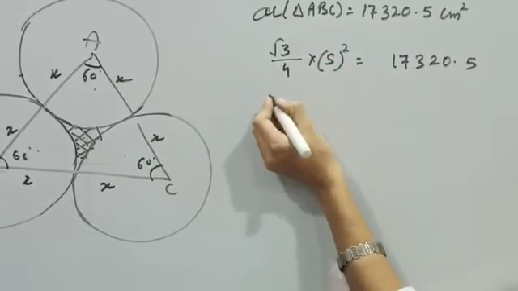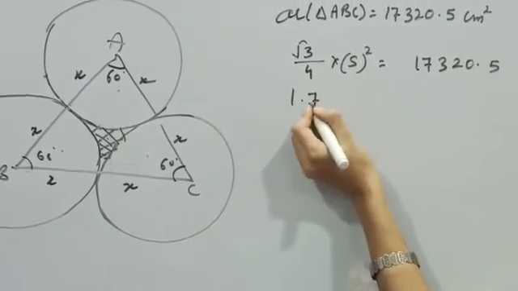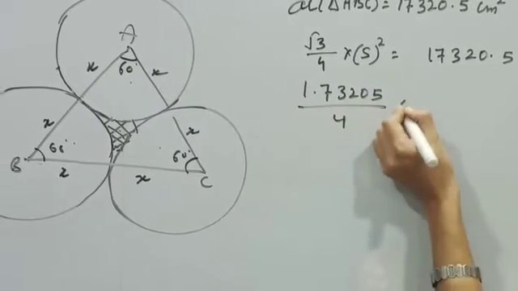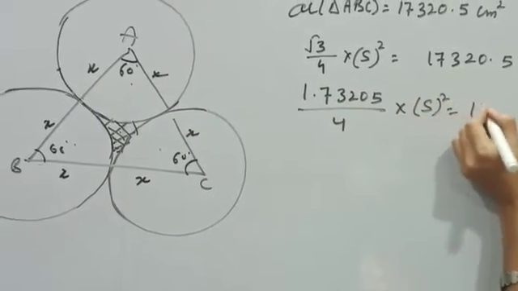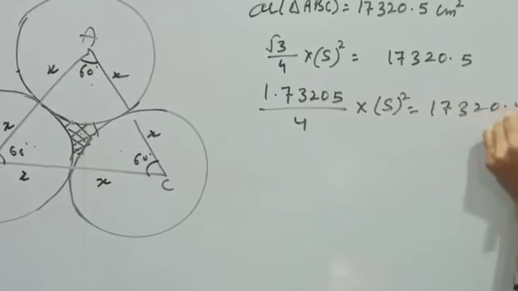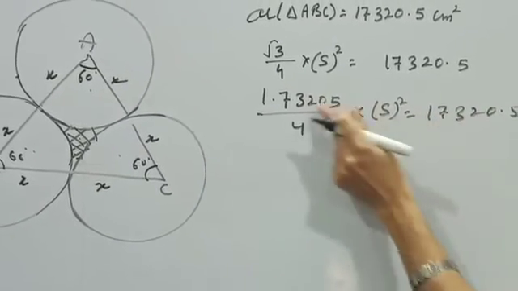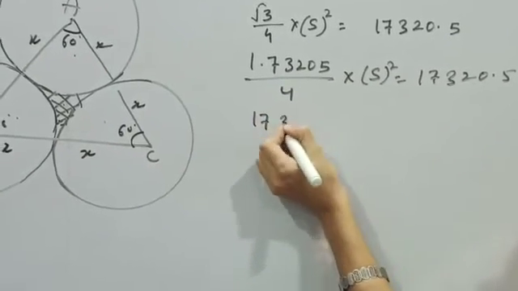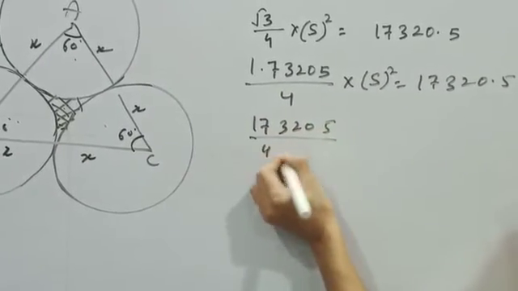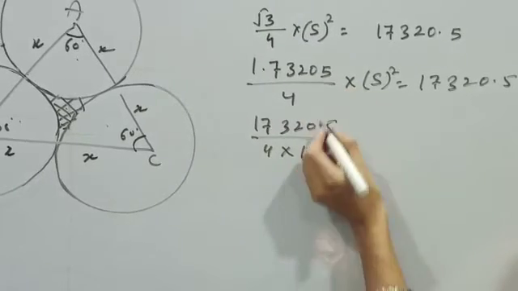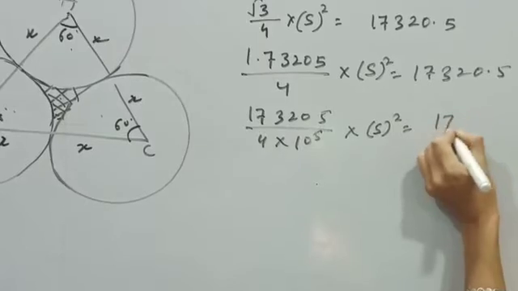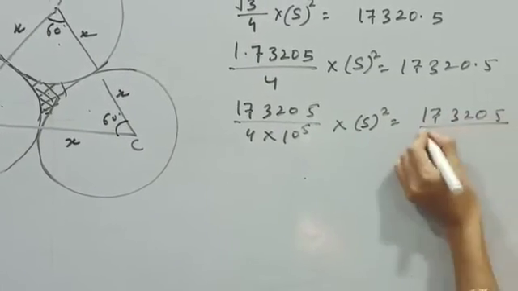Root 3 value already in the question they are saying use 1.73205 upon 4 into side square is equal to 17320.5. You can see easily these two numbers are same but decimal position is different. If we remove the decimal from both sides, here will be 10 raised to power 5 into side square is equal to 17320.5 upon 10.